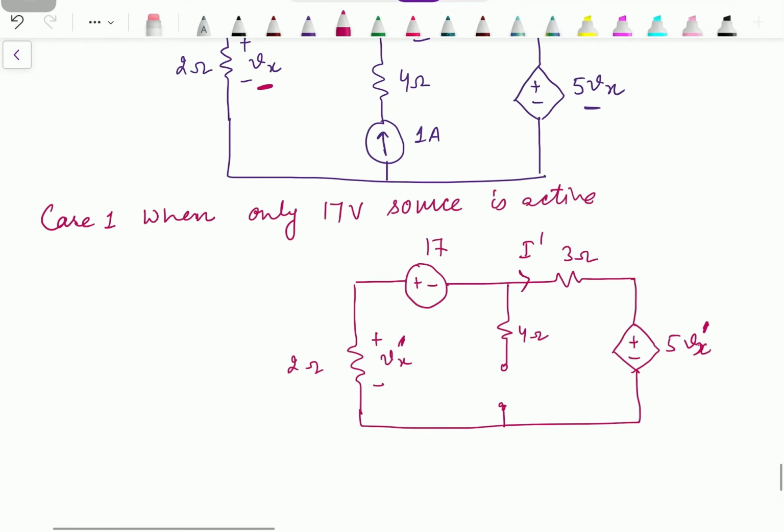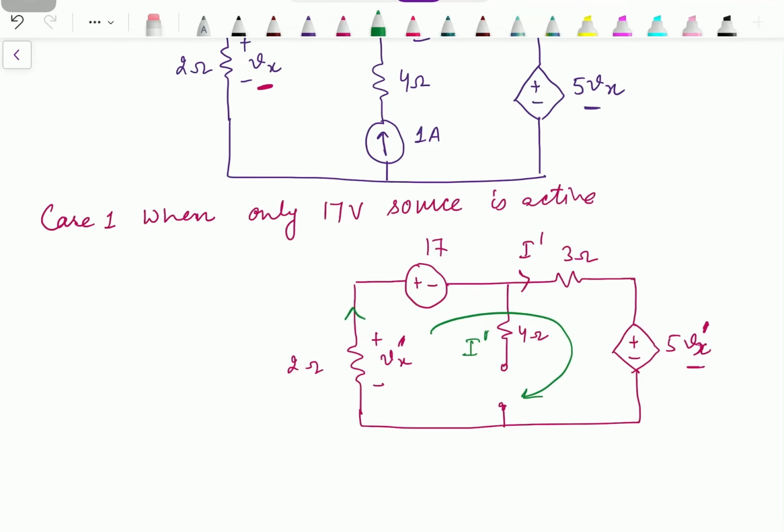We can find its value by applying KVL. Also, we need to write this controlling quantity in terms of current I dash. We can apply mesh current. This is a single mesh where the current flowing through this mesh is I dash. So we need to express this Vx dash in terms of I dash. I dash is flowing in this direction.